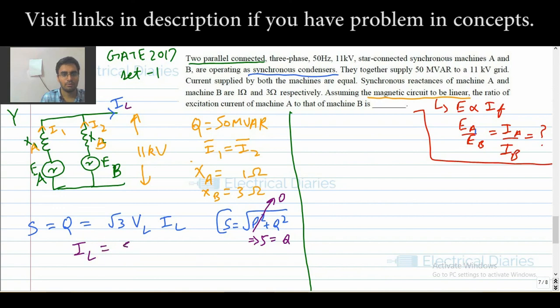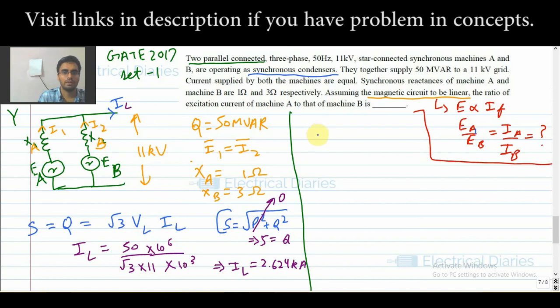It will come out to be 50 divided by √3 into 11 into 10 to the power 6 into 10 to the power 3, and IL will come out to be 2.624 kiloamps. So one thing I have found out.